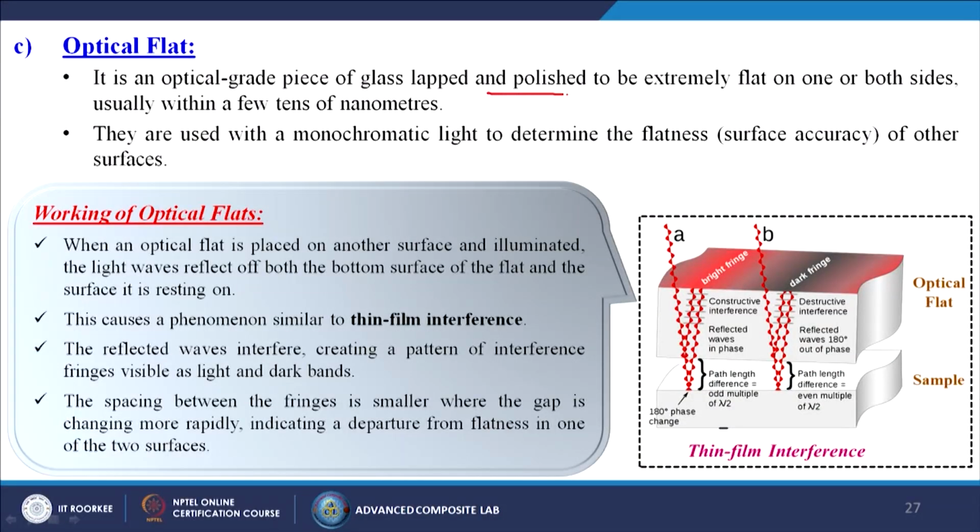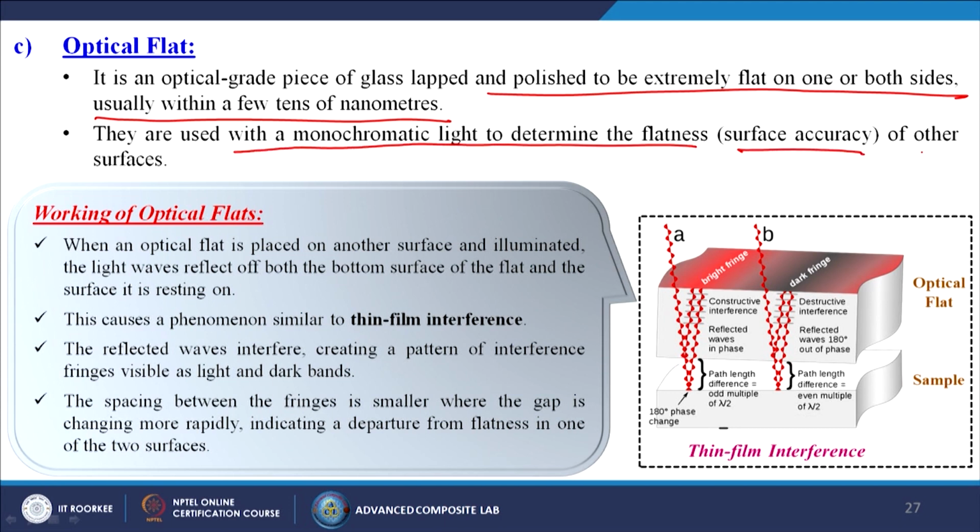Next one is the optical flat. It is an optical grade piece of glass lapped and polished to be extremely flat on one or both sides, usually within a few tens of nanometers. They are used with monochromatic light to determine the flatness and surface accuracy of other surfaces. Working of optical flats: when an optical flat is placed on another surface and illuminated, the light waves reflect off both the bottom surface of the flat and the surface it is resting on.